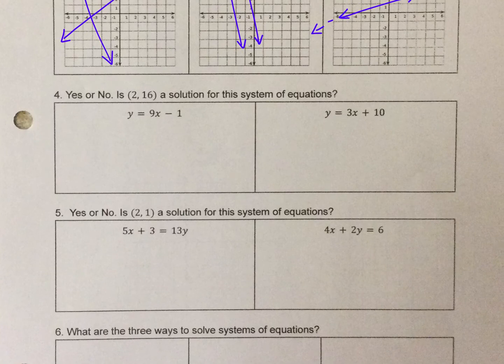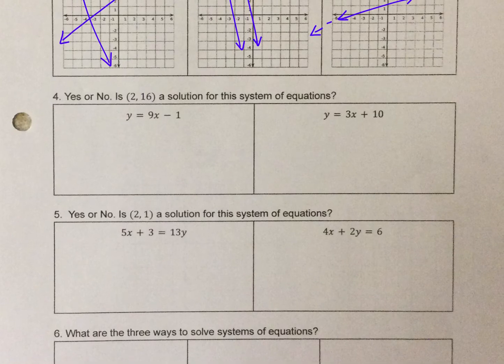Number 4 says, is (2, 16) a solution for the system of equations? So, I'm going to put an x over the 2 and a y over the 16. Instead of y, I write 16 equals 9 times 2 minus 1.